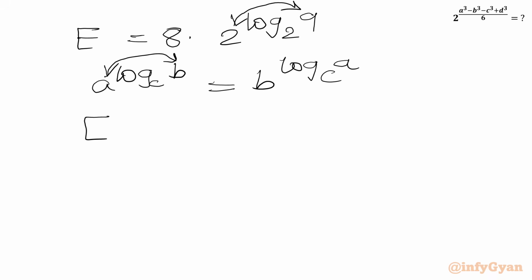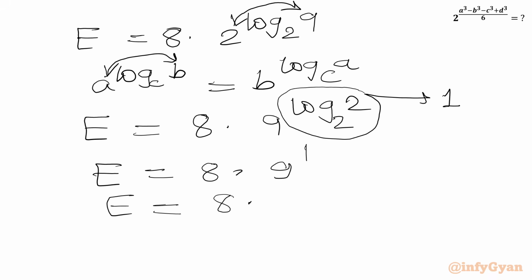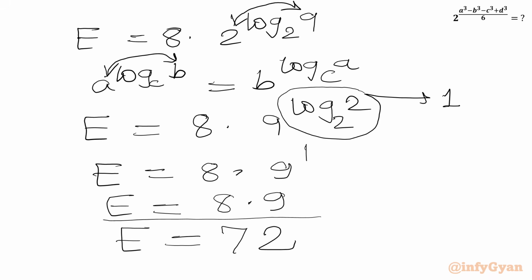I can write here expression E equal to 8 times 9 power log 2 with base 2, and this is equal to 1. So I can write E will be equal to 8 times 9 power 1, or E equal to 8 times 9, E equal to 72. Our final answer is 72.